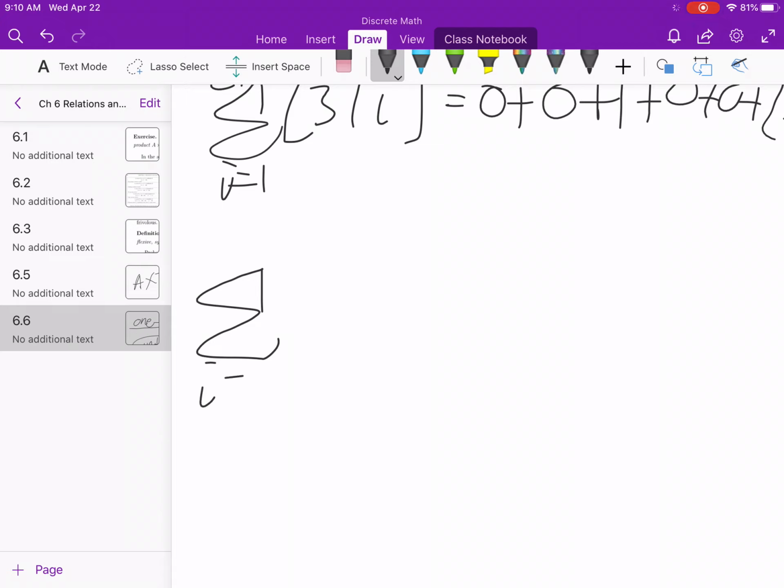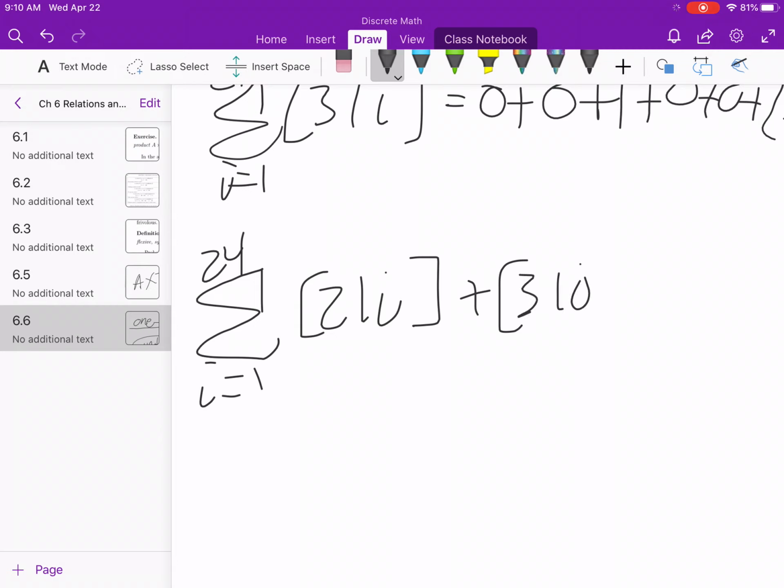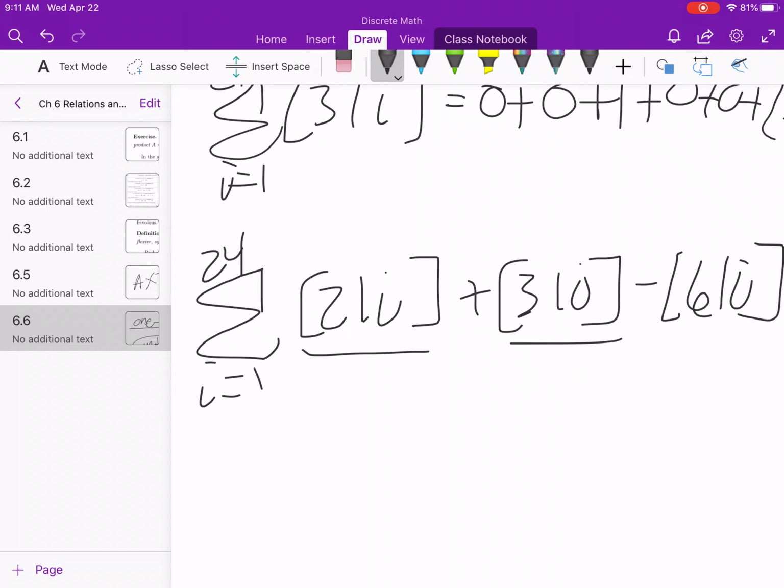And then they give this kind of interesting one. What it's actually giving us is things that are divisible by 2 plus things that are divisible by 3 minus the things that are divisible by 6.